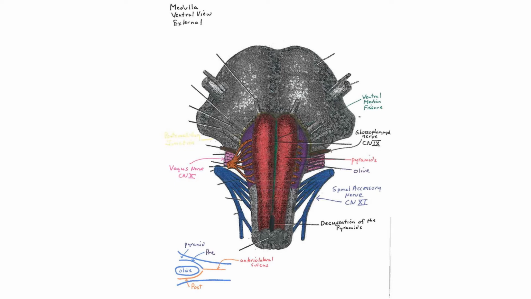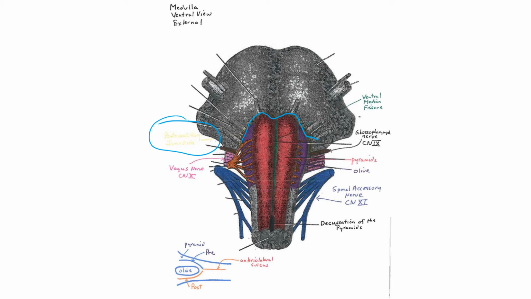So first, I want to look at a ventral view of the external anatomy of the medulla. So what we're going to do first of all is I'm going to show the pontomedullary junction as that upper boundary of the medulla going into the pons.